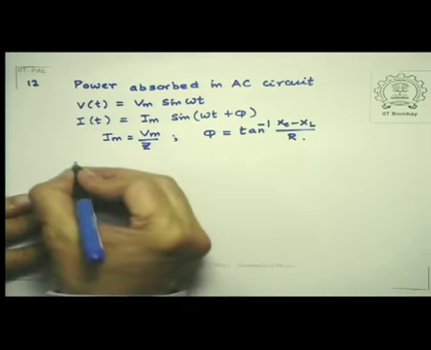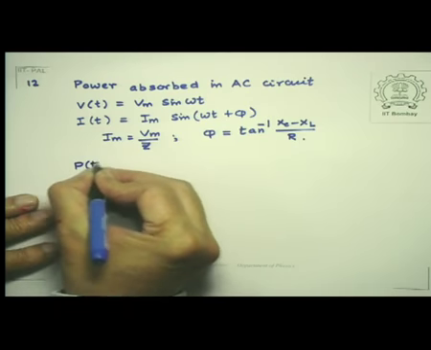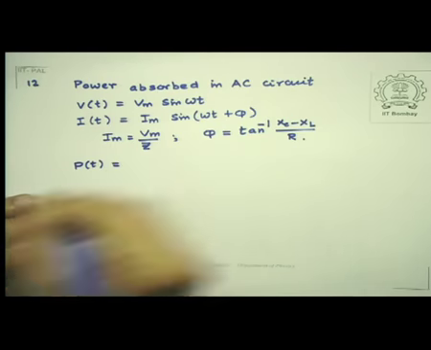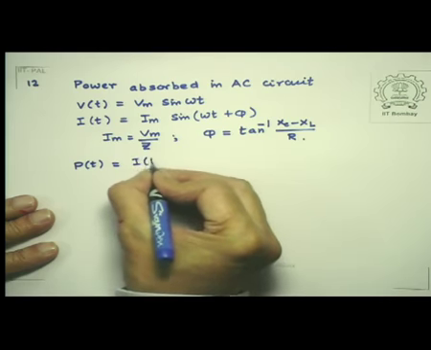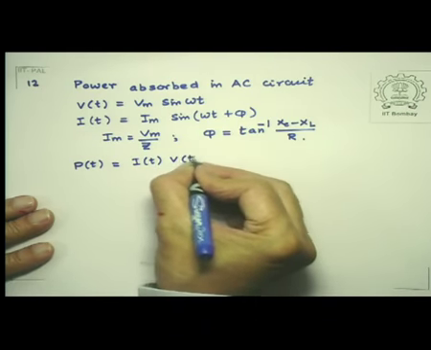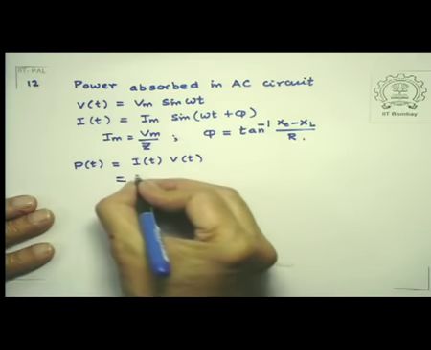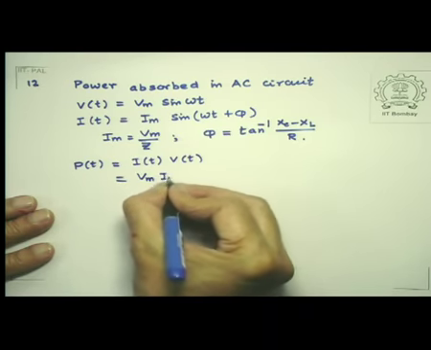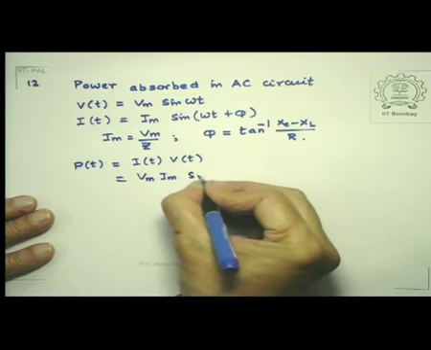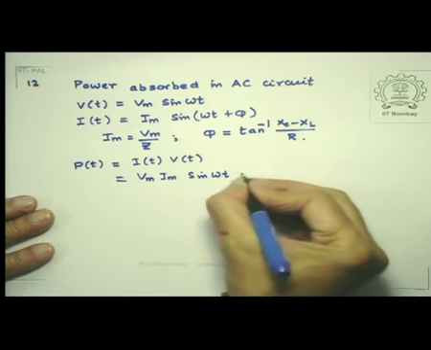So my instantaneous power P of t is given by I of t into V of t. Simply multiply these two terms. I get Vm into Im into sine omega t into sine omega t plus phi.